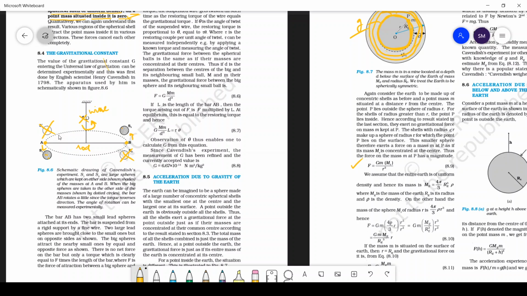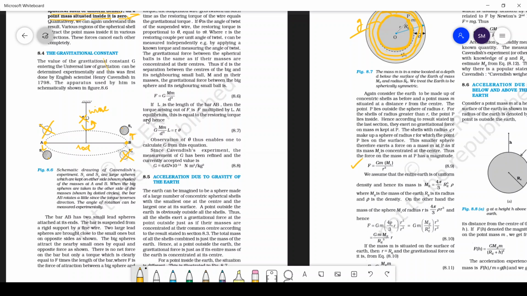If you take the spheres over here, then this wire will twist in this direction. Okay, but here make this direction correct also.